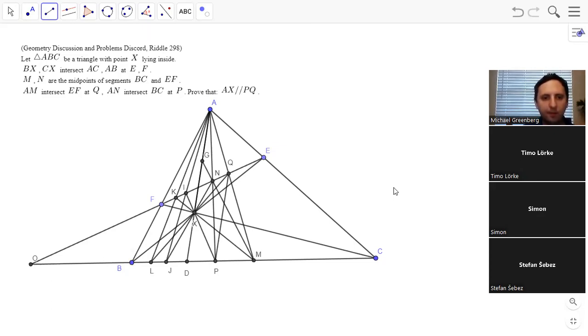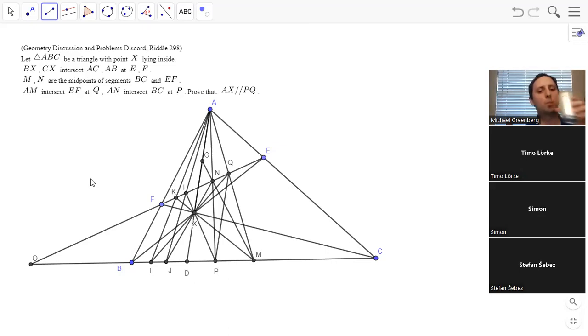Okay, so the cross ratio L, M, O, D is -1 because they concur: L, Q, M, K, and A, B concur. So it's the harmonic, -1.